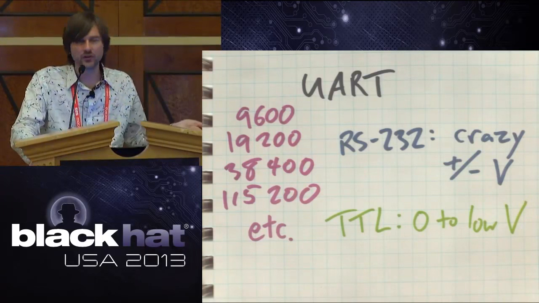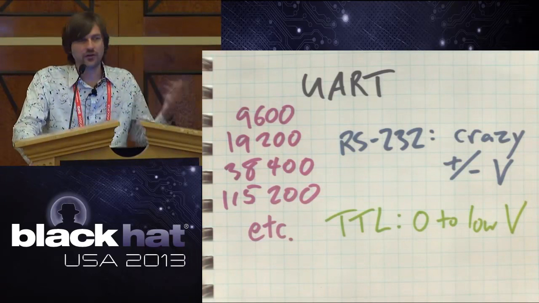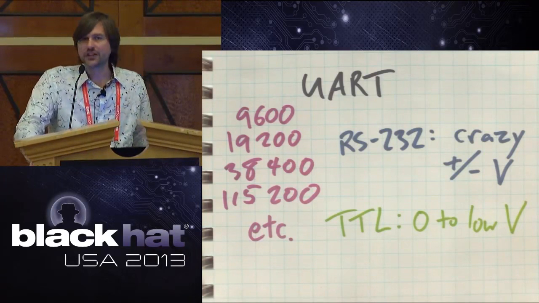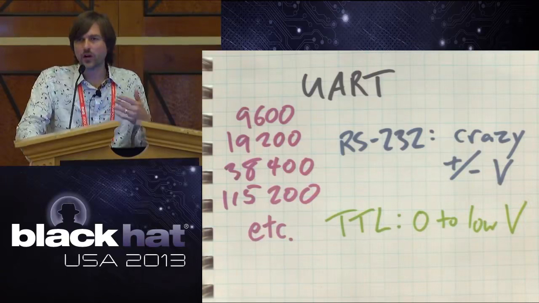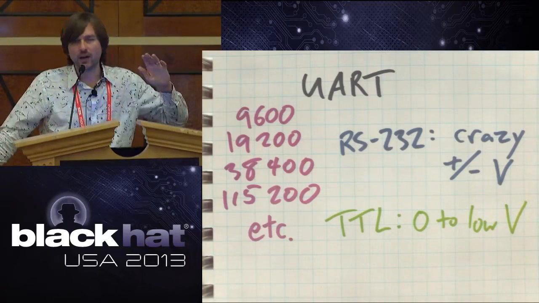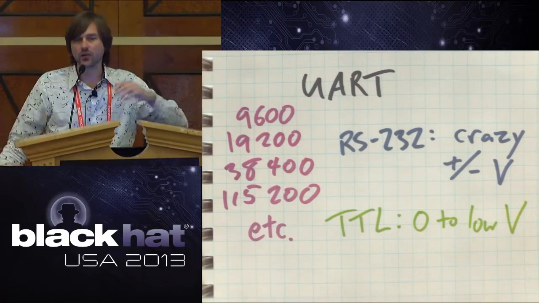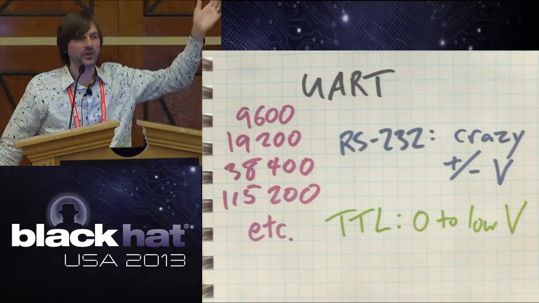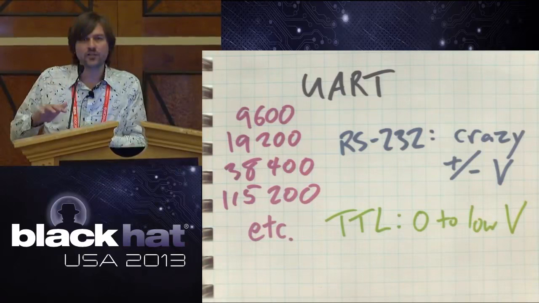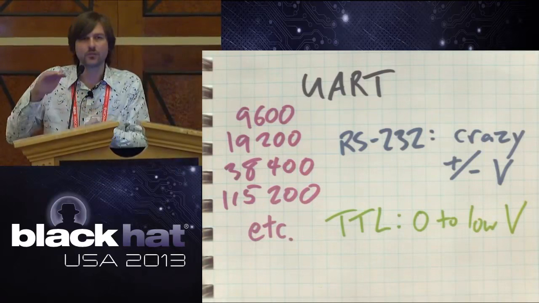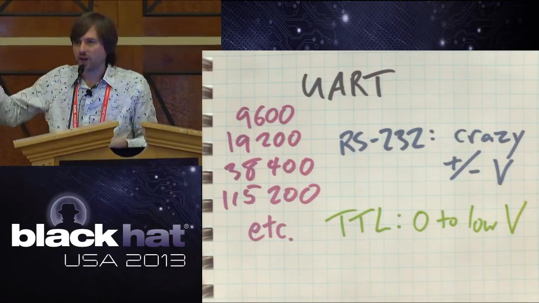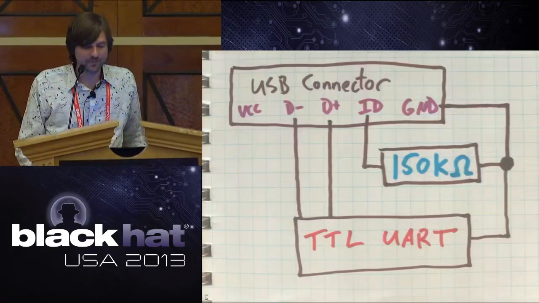So 0 to 3.3 volts, 0 to 1.8 volts, might be 0 to 5 volts, as opposed to RS-232, which is basically the same protocol, but with much wider voltage swings that go to as much as minus 15 volts and positive 15 volts. So a big voltage swing of as much as like 30 volts. The TTL UART is the same protocol basically, except implemented over a much narrower voltage range and operating at familiar baud rates if you're old enough to remember modems.